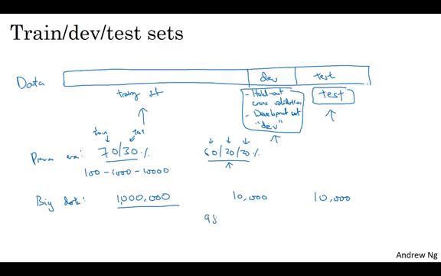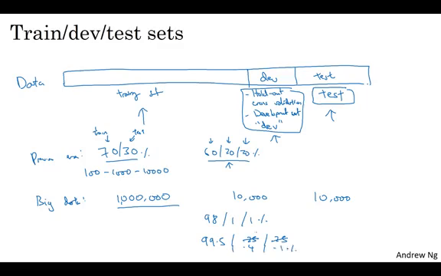So you'd have 98% train, 1% dev, 1% test. And I've also seen applications where if you have even more than 1 million examples, you might end up with 99.5% train and 0.25% dev, 0.25% test, or maybe a 0.4% dev, 0.1% test.